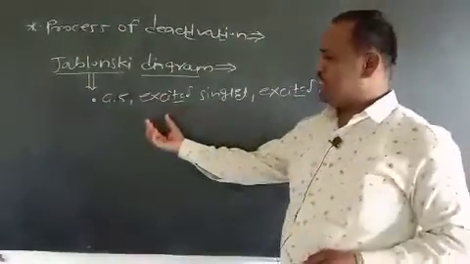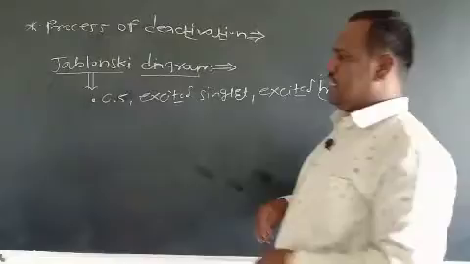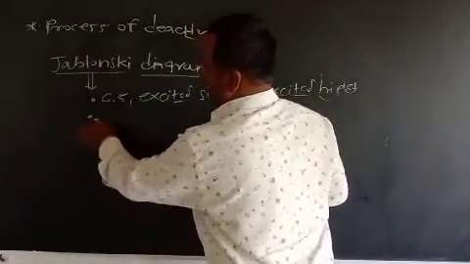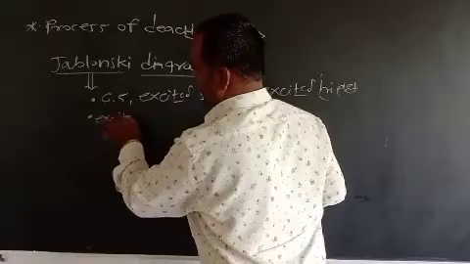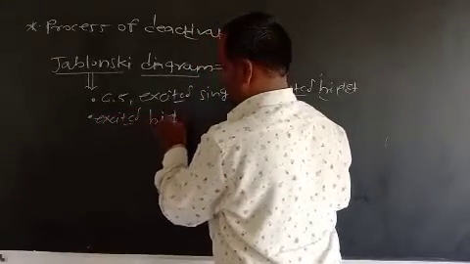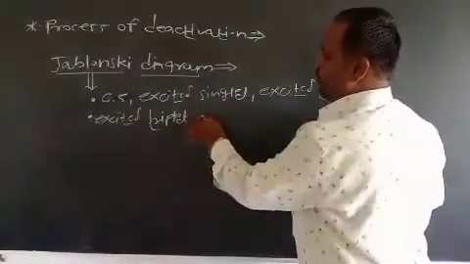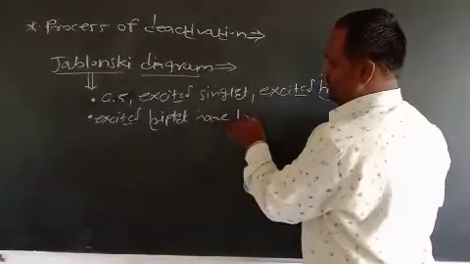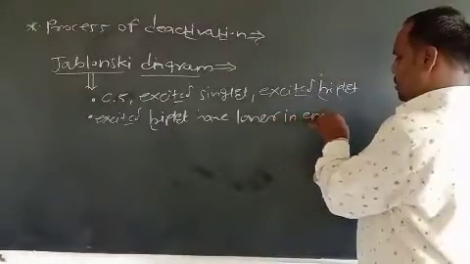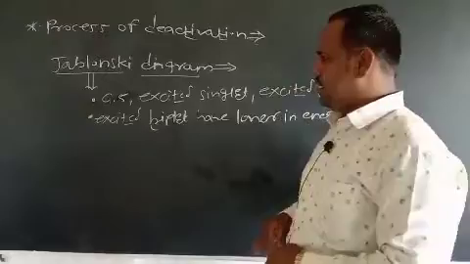Second, in this diagram the excited triplet state has lower energy. So, why does the excited triplet state have lower energy? We will discuss this point also.